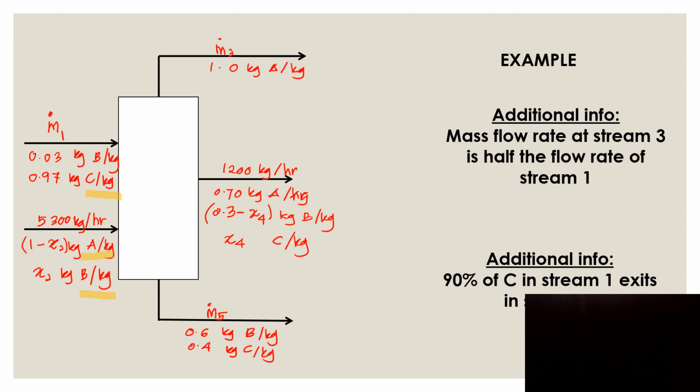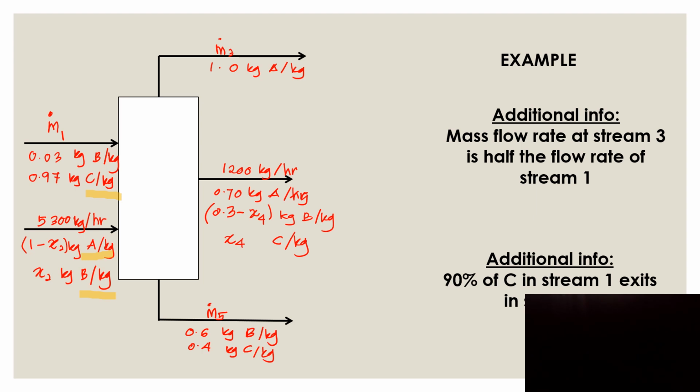Okay, we can see that this column performs some kind of process to separate these three components. As you can see, first stream, A component, and then middle stream, we have A, B, and C components, and bottom stream, we have B and C components.